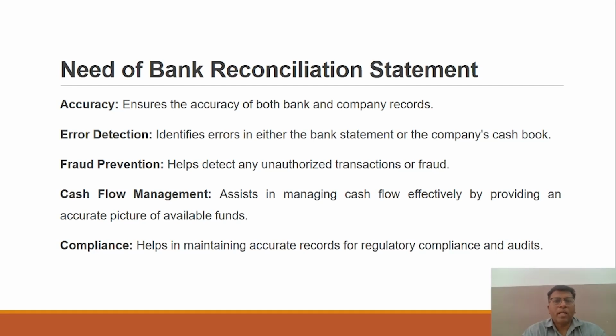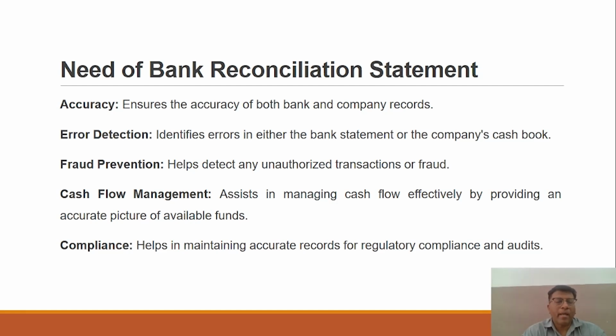So it ensures the accuracy of both the bank's and the company's records, because you are matching your bank passbook and your cash book. Okay, and when it comes to finding the errors, it means you have to detect the errors. It identifies the errors in either the bank statement or the company's cash book.